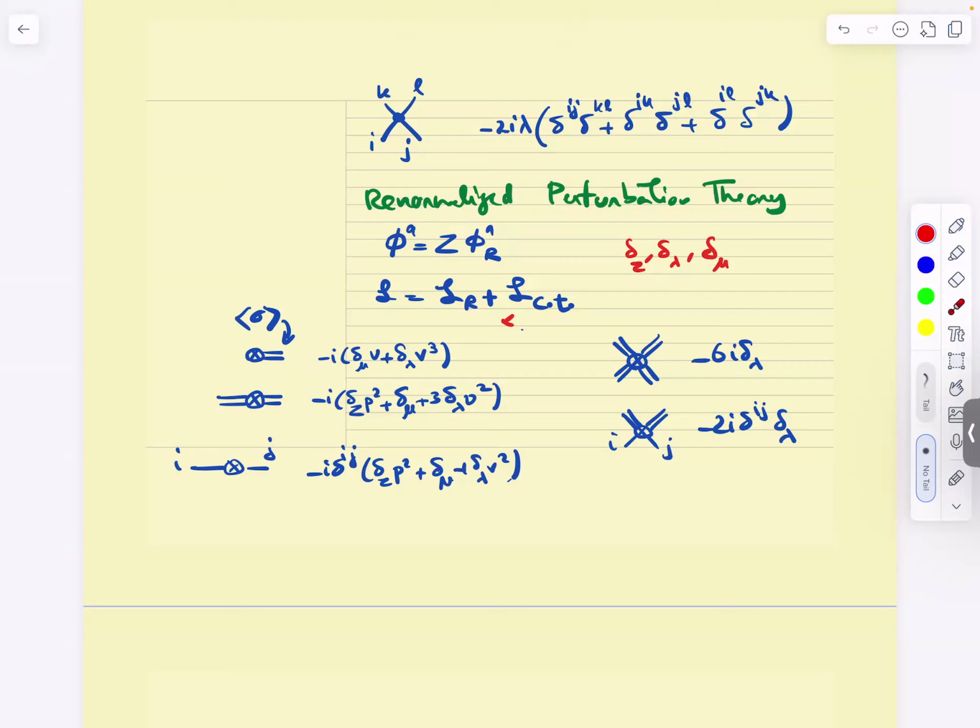In QED, you had 3 counterterms and 3 vertices that you had to renormalize, right? So the number of counterterms seemed to be matching. Here, you only have 3 coefficients like this that you're going to fix, but you have many, many diagrams.